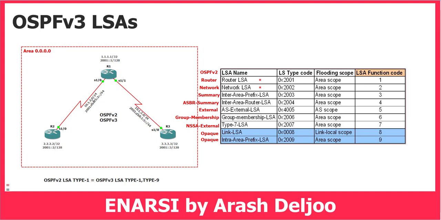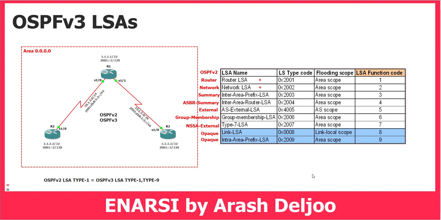Actually, we can say the information that is available in the OSPF version 2 LSA type 1 now is residing in 2 LSAs, LSA type 1 and LSA type 9. You will learn about the reason for this segmentation. But now you know that all of the information that you have learned previously in the LSA type 1 of OSPF version 2 is now available in 2 LSA types, LSA type 1 and LSA type 9.